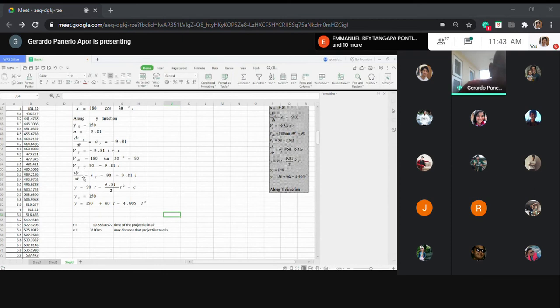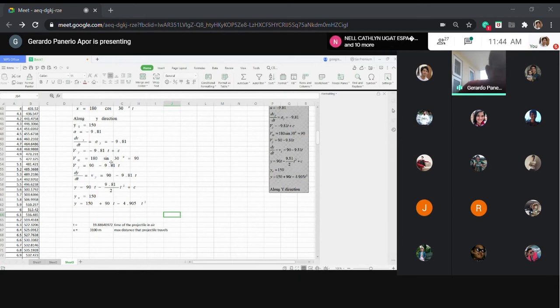And since it is fired with an angle of 30 degrees, the initial vertical velocity is 90 meters per second, being 180 sine of 30. Now that velocity, as time increases, will reduce until the velocity becomes 0.